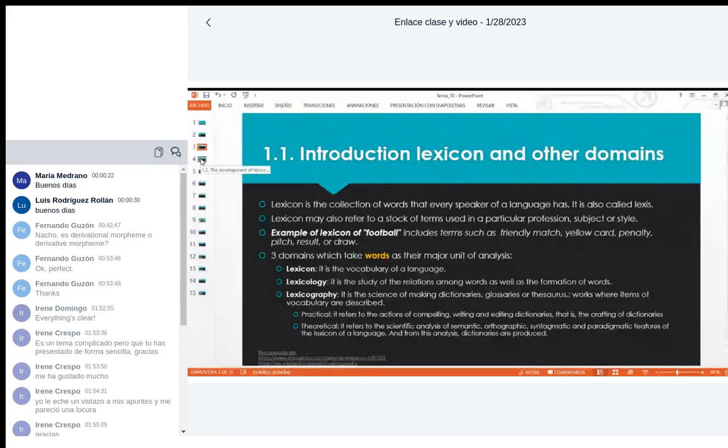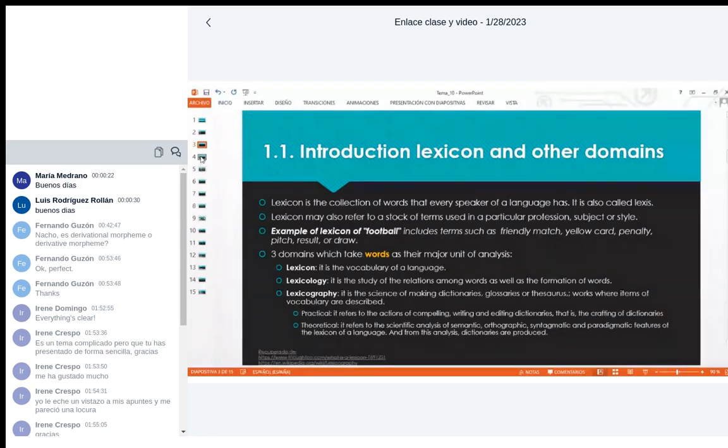That difference between the big dictionary and the pocket dictionary is how we make the dictionaries, and that would be done by practical lexicography. But theoretical lexicography would be what to include, or how to include all these aspects into a dictionary.